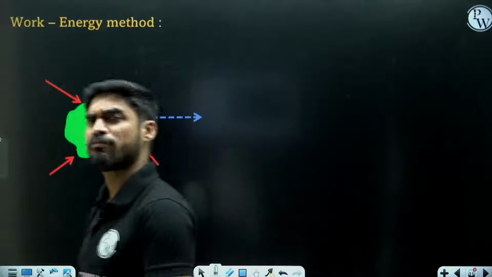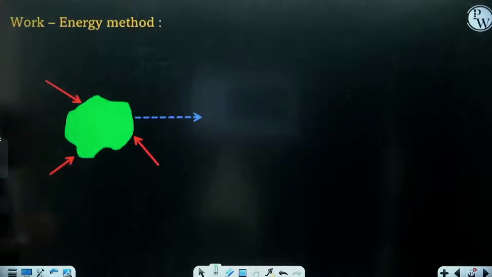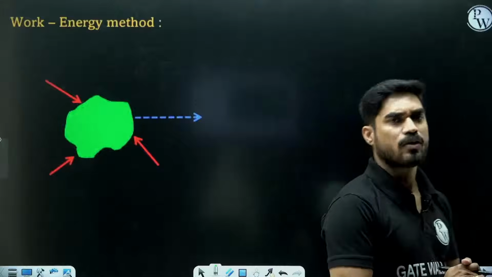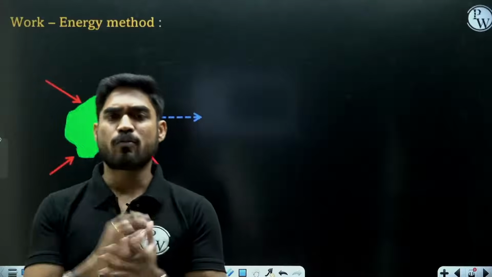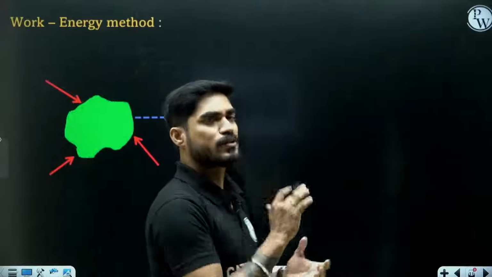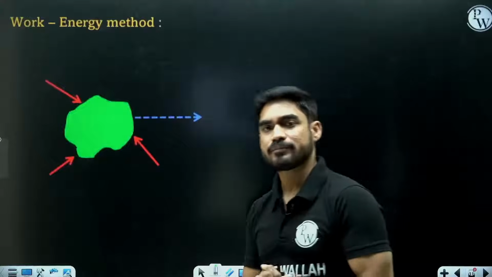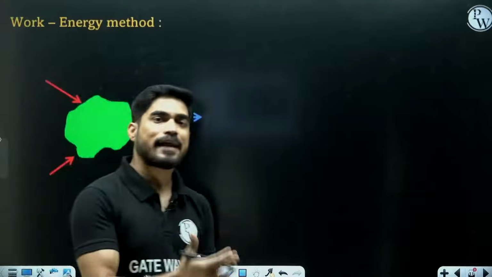The second method is the work energy method, which is actually based on conservation of energy. Not exactly conservation of energy. Understand what happens here. Whenever you apply force on the body and the body is displaced, you are doing some work on the body, right? That work is converted into energy.